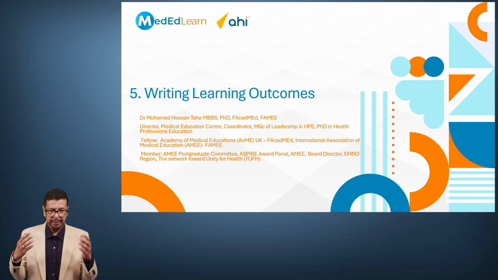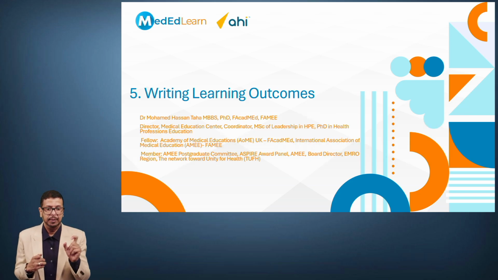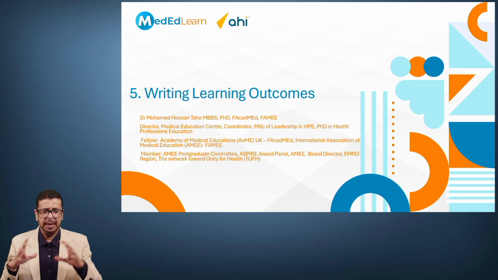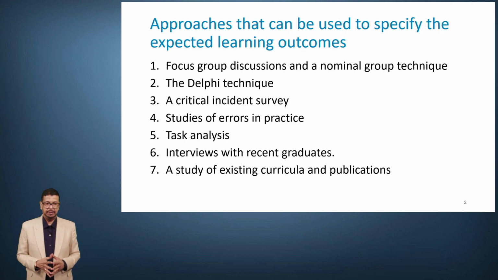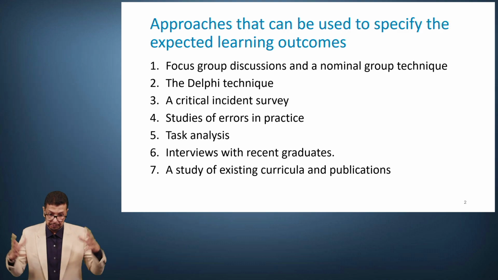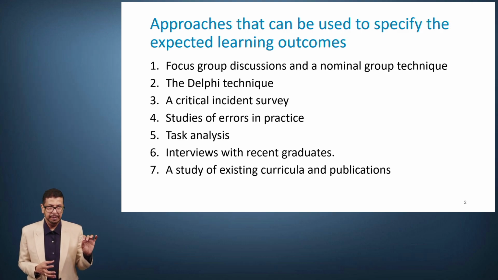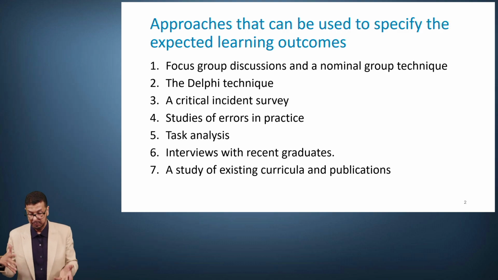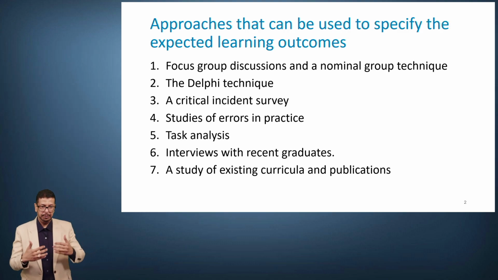Learning outcomes are statements that must describe precisely what is intended to be learned by the students. There are several tools that we can use to develop the learning outcomes. These learning outcomes could be developed with focus group discussions, nominal group technique, the Delphi technique for the learning outcome at the program level, and critical incident survey for incidents that enable the learner to think about it and may change the practice, either in a positive way or something that has been done by mistake and led to learning.